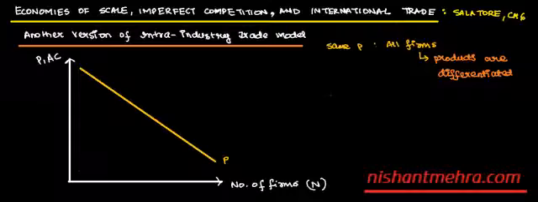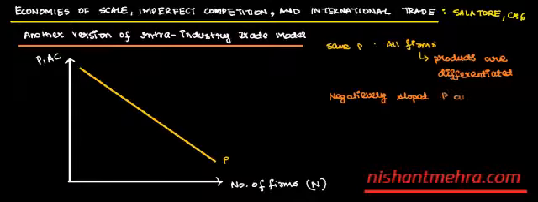So why do you have a negatively sloped P curve?